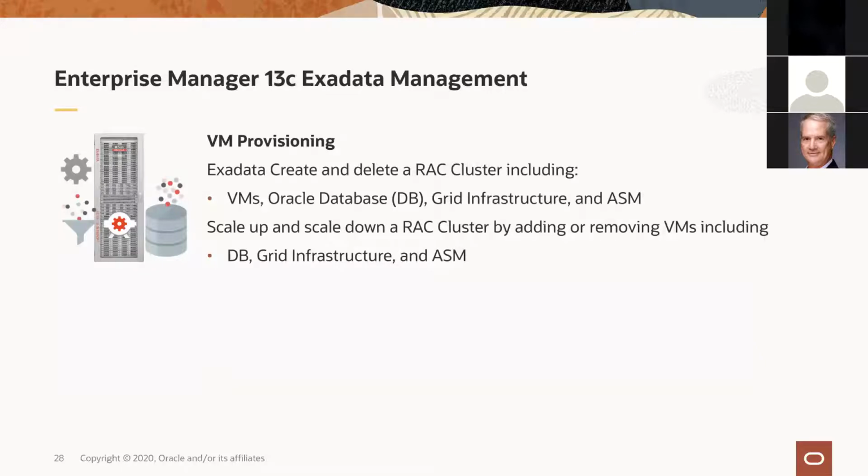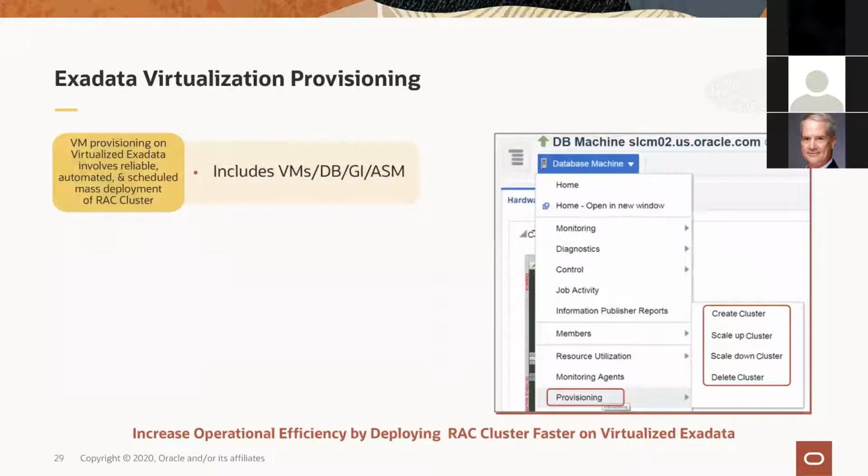Some customers are using virtual machines on the Exadatas, and then they need to provision and configure new virtual machines for the new clusters they are creating. So we have processes in Enterprise Manager that help you to create clusters, scale up clusters, scale down clusters, and delete clusters.